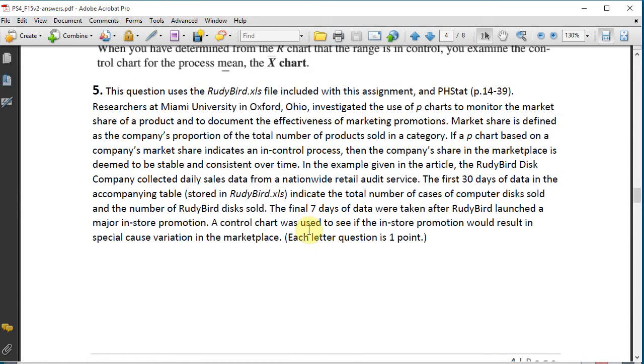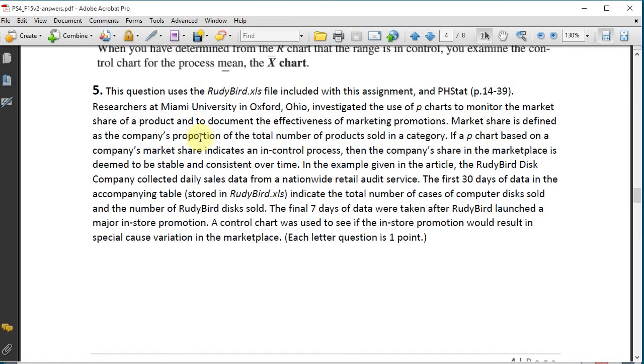Question 5. This question uses the rubybird.xls file, which is included in the assignment and PHStat. In this question, we're going to use P charts to monitor the market share of a product and to document the effectiveness of marketing promotions.